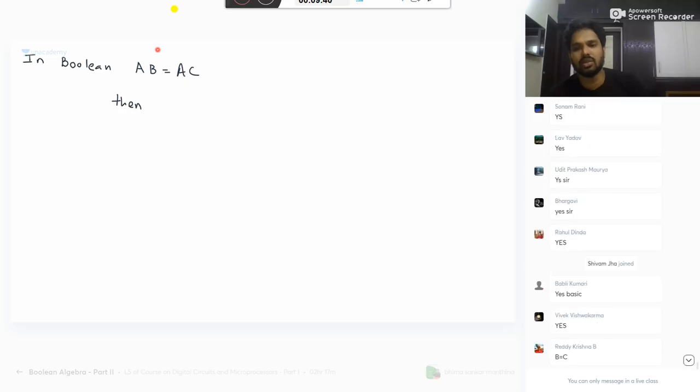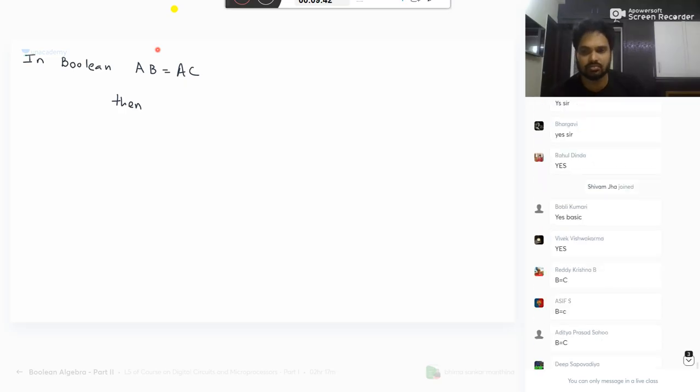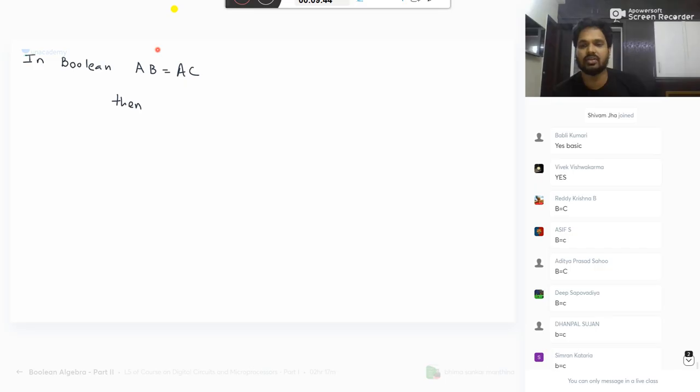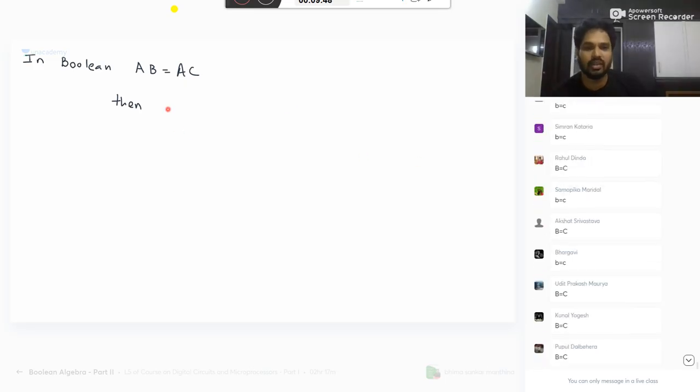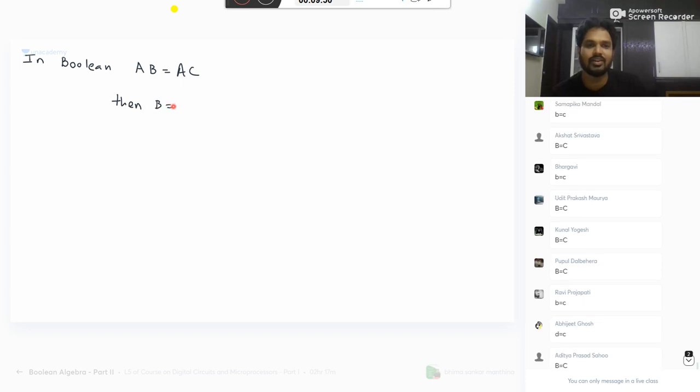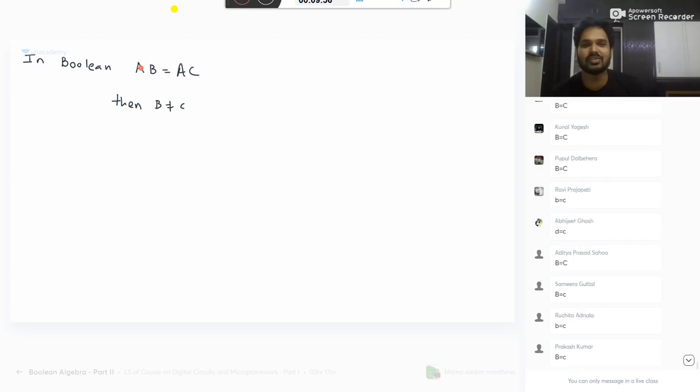What is the relation between B and C? Please type. Everybody. B not equal to C. Okay, in Boolean, when AB equal to AC is given, never strike A on both sides and take B equal to C.